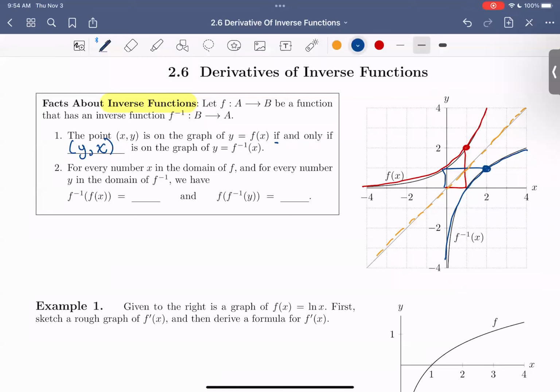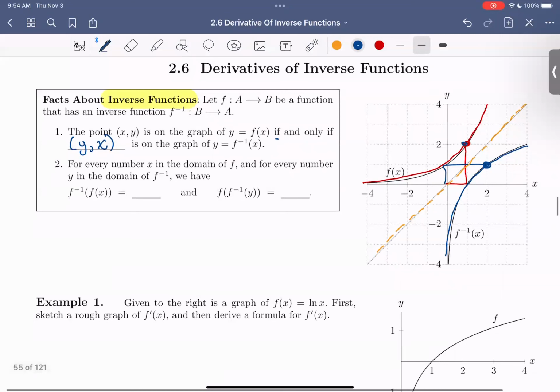And we can even write that out if we want to be more clear. So here, this point is on our original function at (1, 2). Here, that point is on our inverse as (2, 1). The x and y values switch on the inverse function.